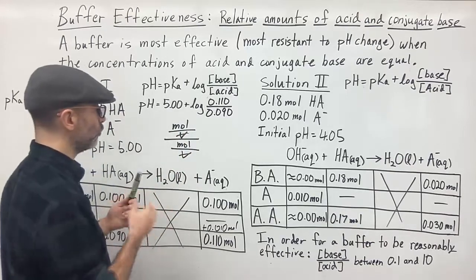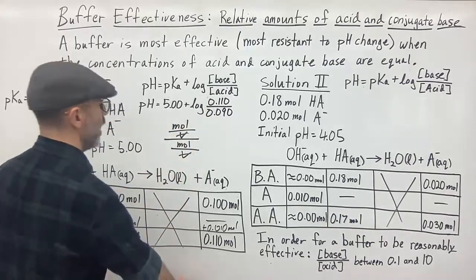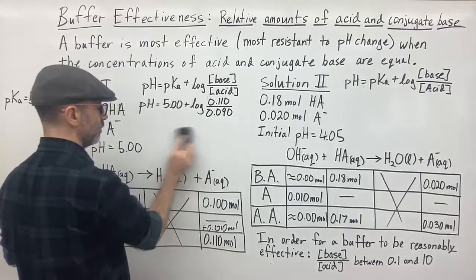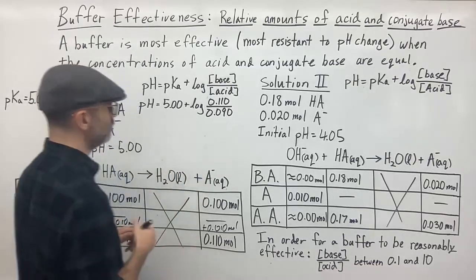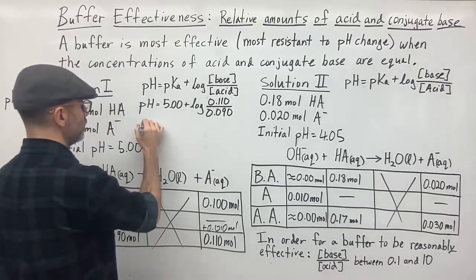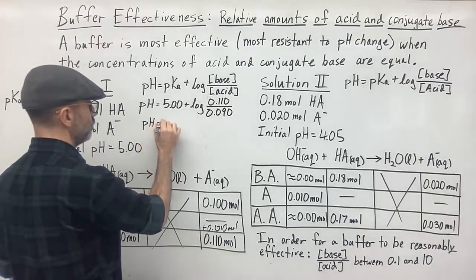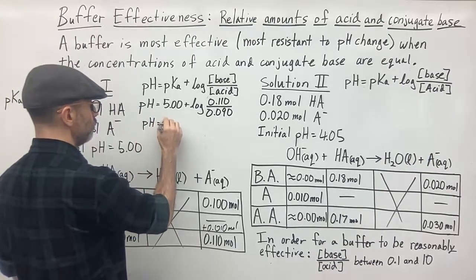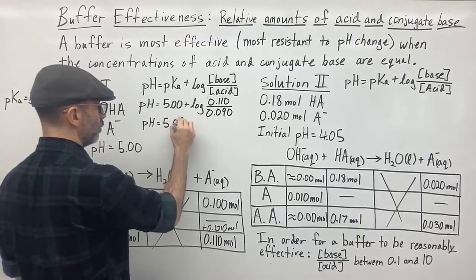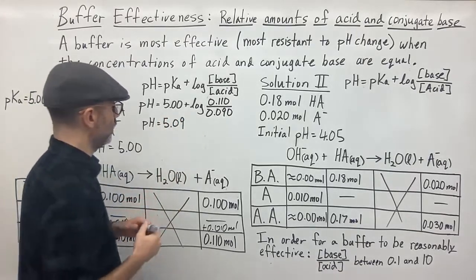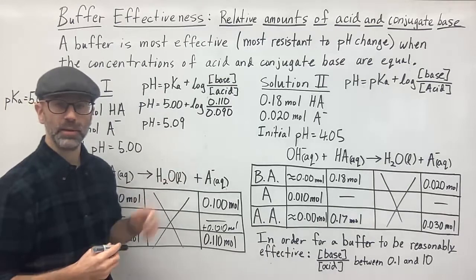So I can use moles. I can plug moles in here, and that's just fine. Okay, so what I get here is pH is equal to 5.09. That's what the final result is going to be.